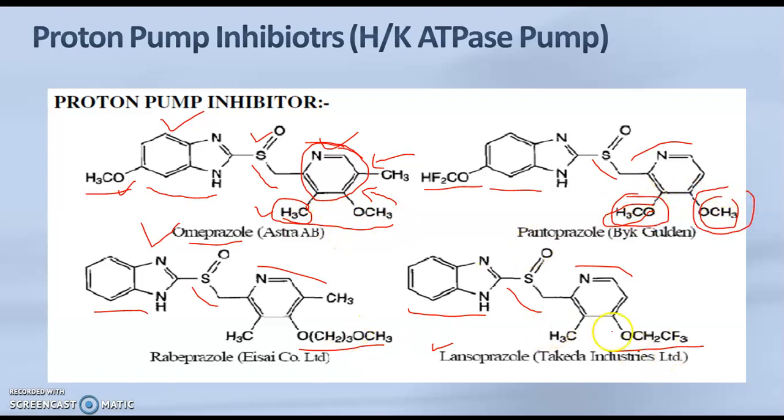So on pyridine you'll find such kind of group which helps nitrogen to easily donate the electron. In the next slide I'll tell you what is the role of this nitrogen, why nitrogen is there in this proton pump inhibitor.